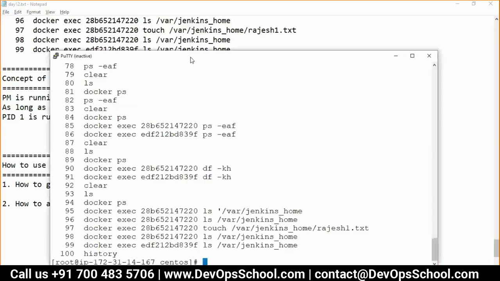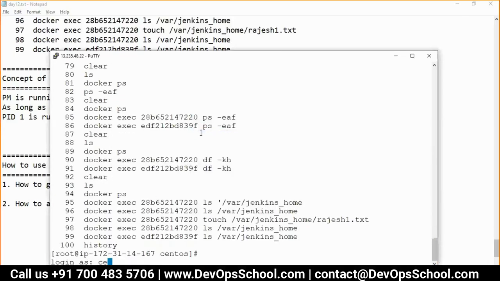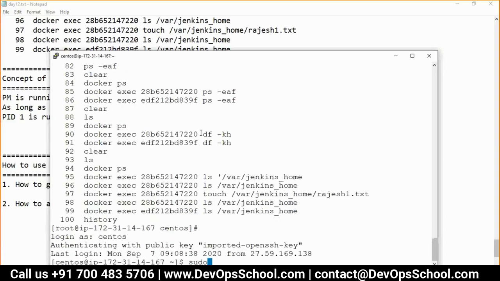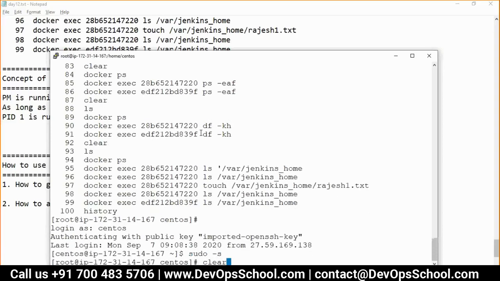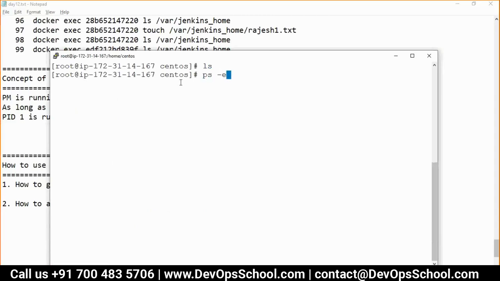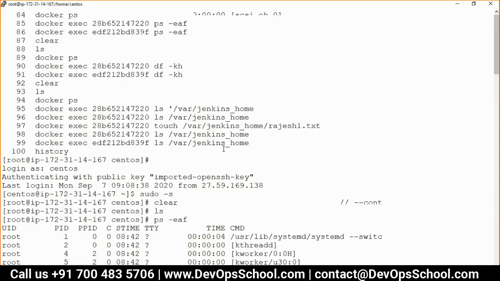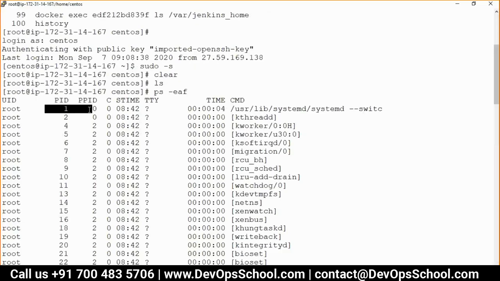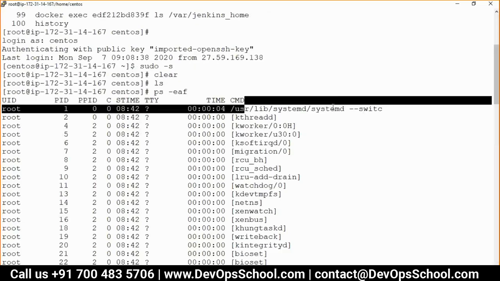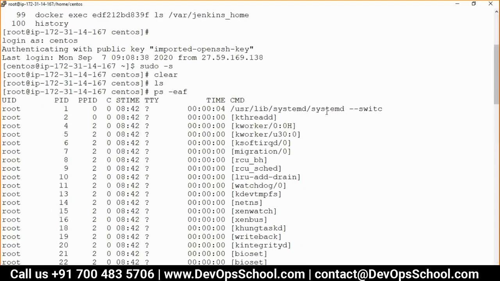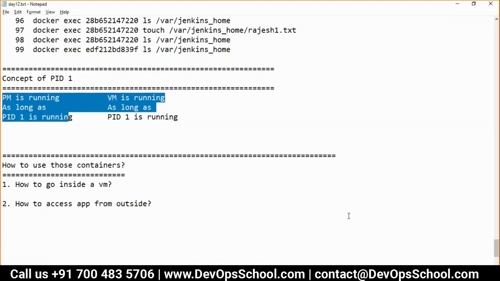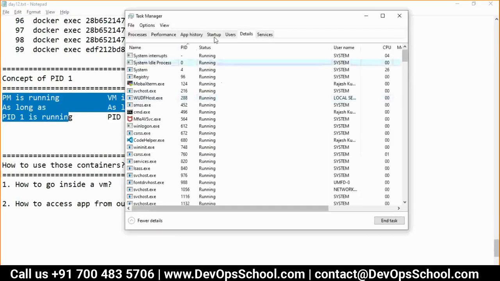I've shown you. Restart CentOS, then ps -eaf, see, systemd. So your physical machine is running because of PID1, and my VM is also running because of PID1. Let me show you. See.